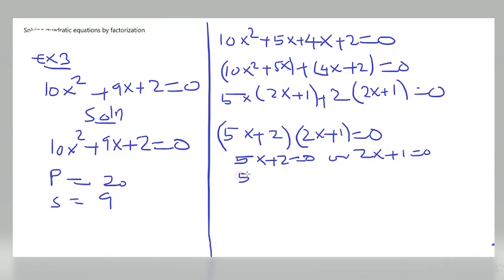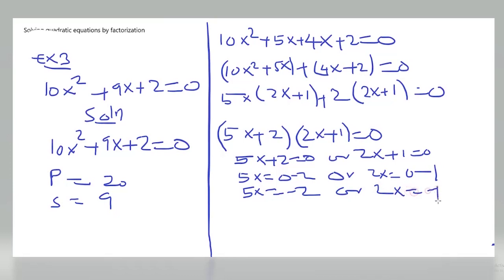Now 5x is equal to 0 minus 2, or 2x will be equal to 0 minus 1. Now 5x will be equal to negative 2, or 2x will be equal to negative 1.